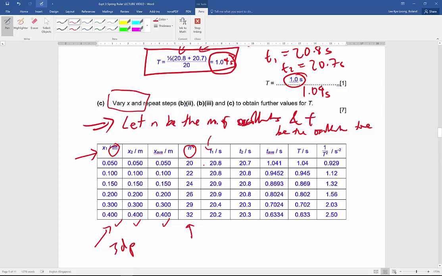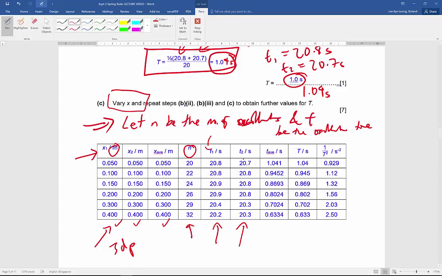Okay, number of oscillation. So number of all these oscillation, you just write the number there. Remember this n, the number of oscillation, there's no error associated to it, because you're just counting 1 2 3 4 5. There's no precision involved. Now the oscillation time. This is all fine, because all the oscillation time should be at least 20 seconds.